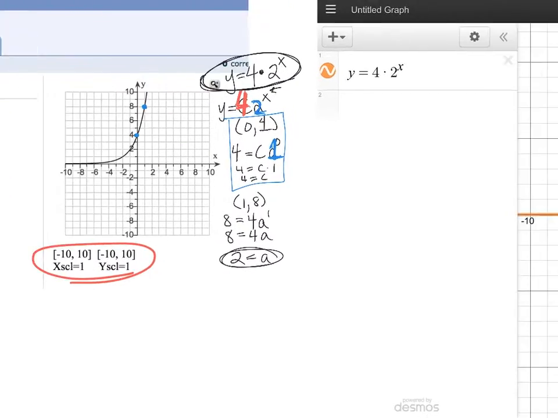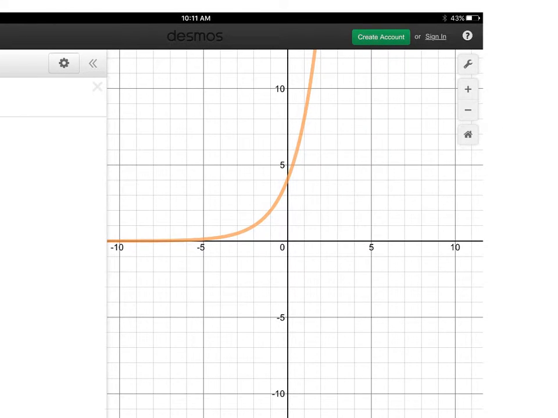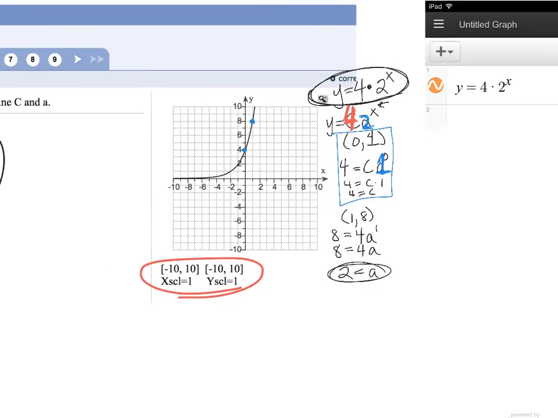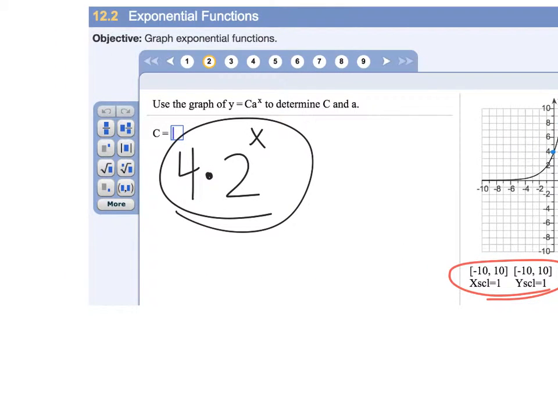In fact, if I want to go back, I can see that, oh, when x is 0, y is 4. And when x is 1, I can see y is 8. So my graph matches the graph that they gave us, which means 4 being C and 2 being A is correct.